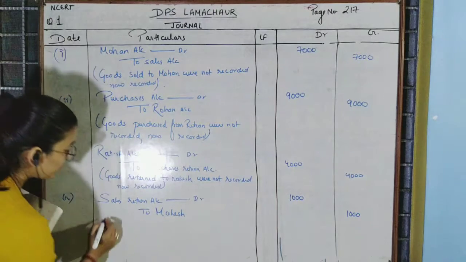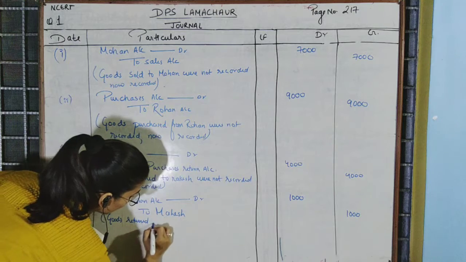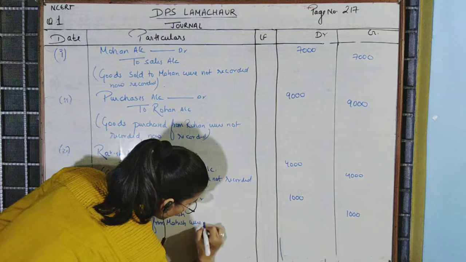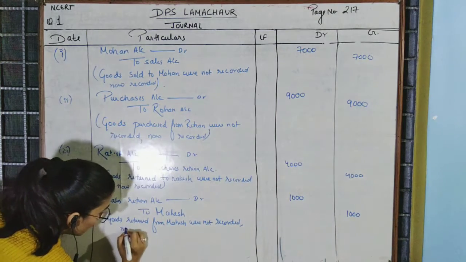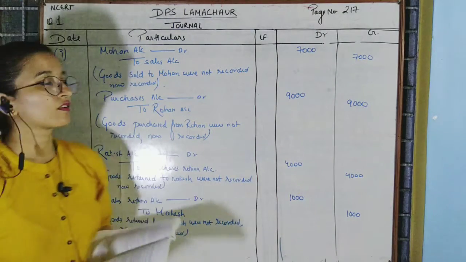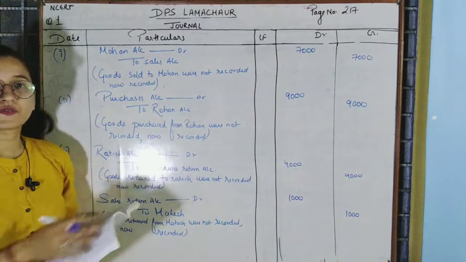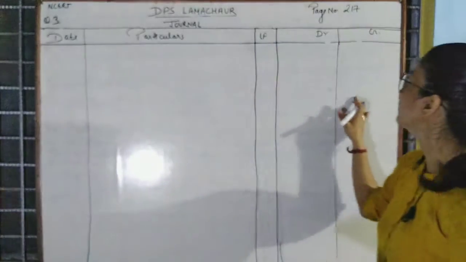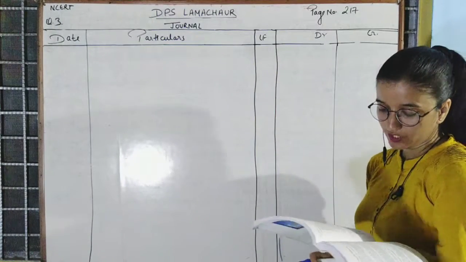Narration for this transaction will be goods returned from Mahesh were not recorded, now recorded. So this is how a question based on rectification of error is solved. Now here is question number 3 of NCERT, page number 270. Now according to the question, rectify the following errors.